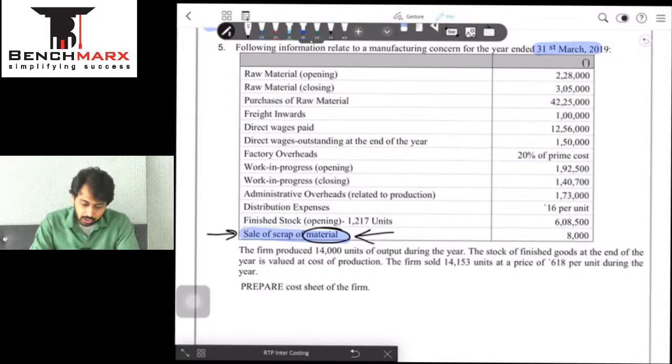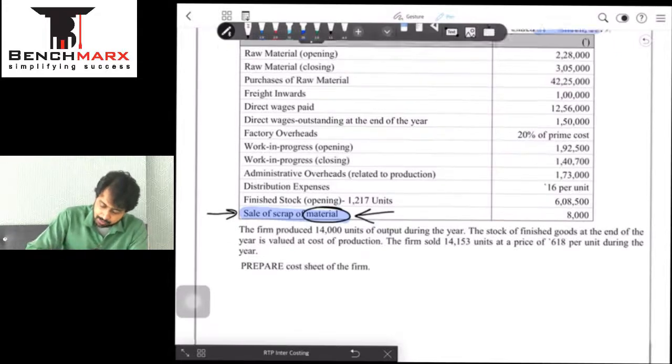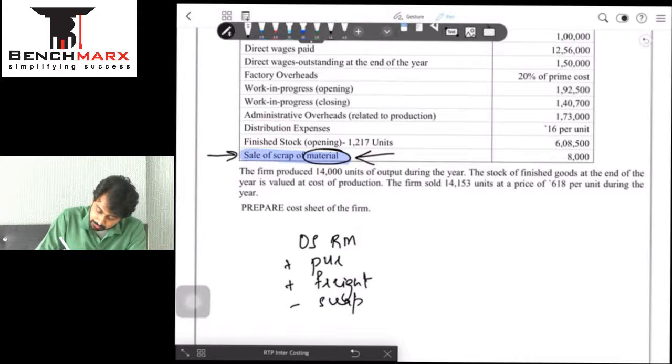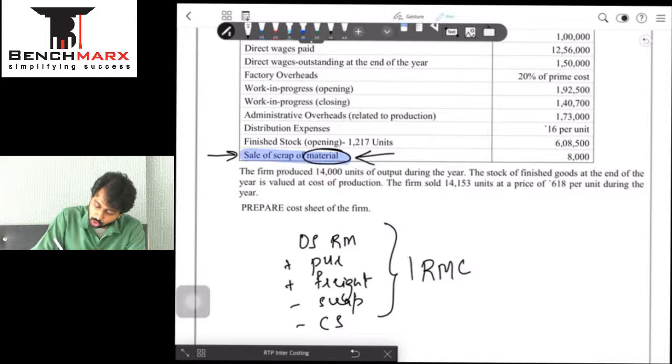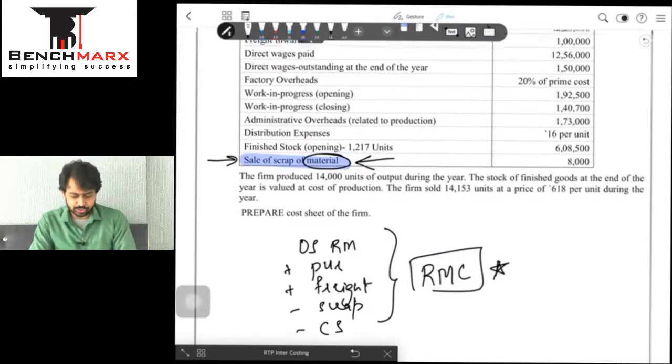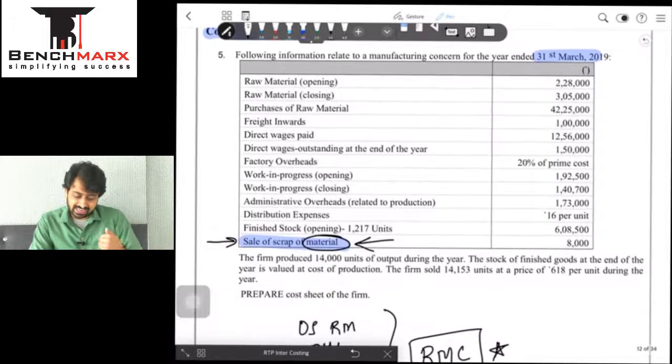Okay. RM opening closing is normal, purchase is normal, freight I will also add to purchase of materials. So my RMC is going to be opening stock of RM plus purchases plus freight minus scrap and minus closing stock, and this entire thing is going to be my raw materials consumed, and this is the only important thing in the entire question. All other details are directly given to us.